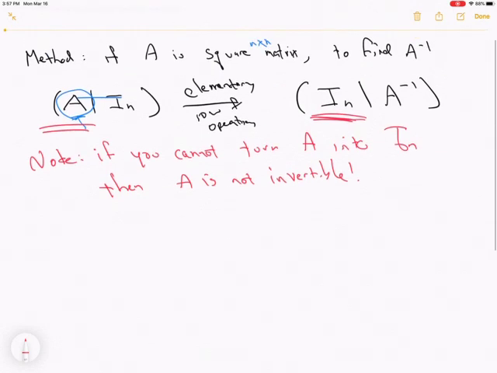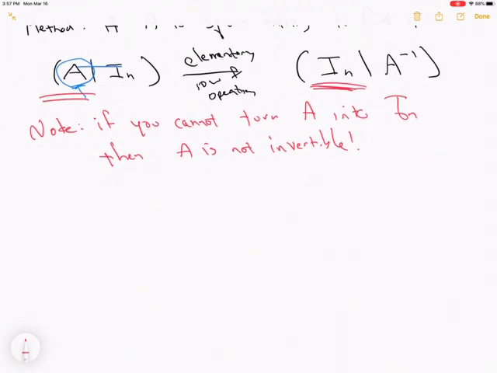Anyways, but this is the method. It's basically you do the elementary row operations and try to get the identity.